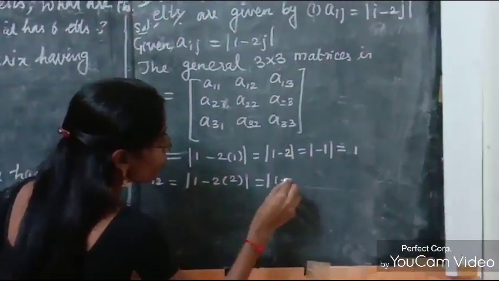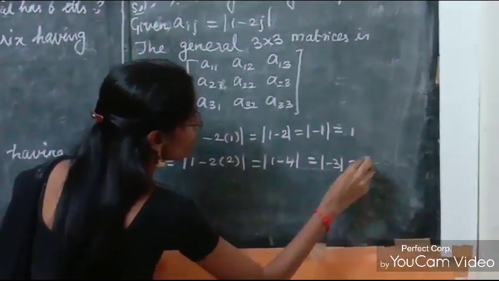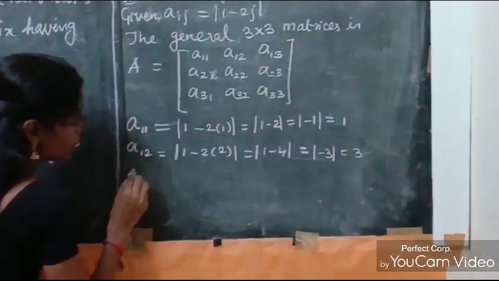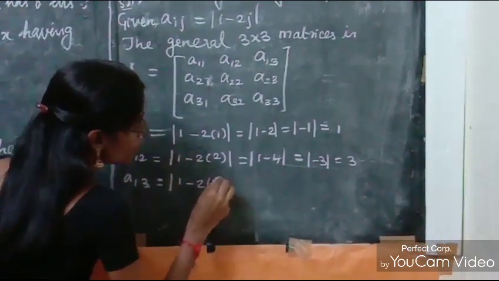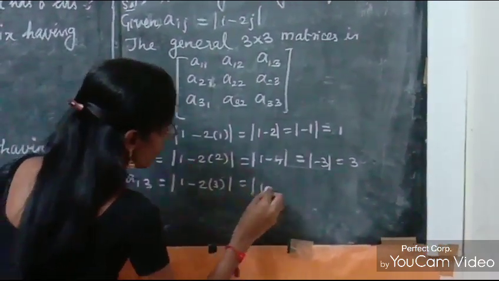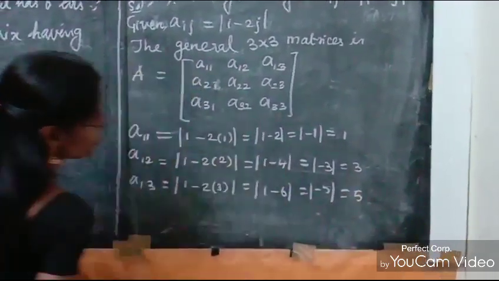Is equal to 1 minus 4. 1 minus 4 is minus 3, the value is plus 3. A13: modulus 1 minus 2 into 3 is equal to modulus 1 minus 6 is equal to minus 5, the value is plus 5.